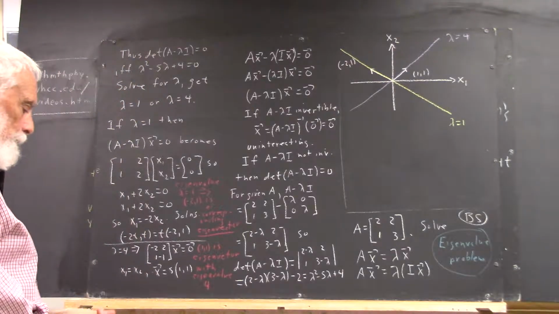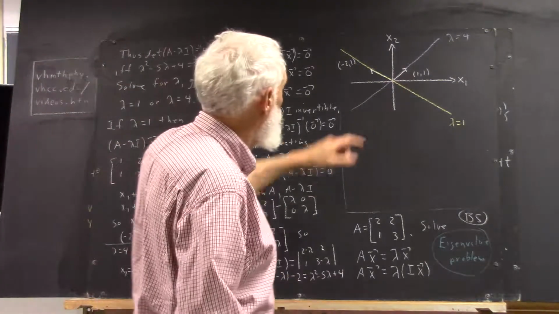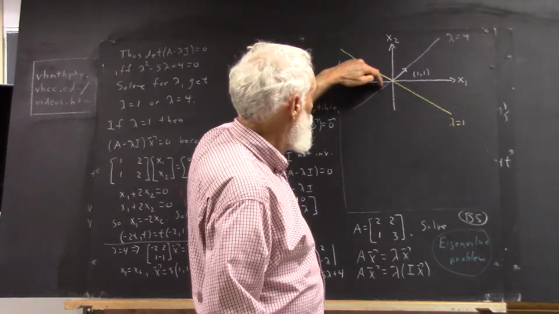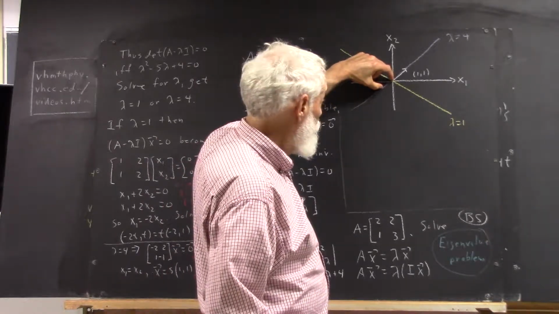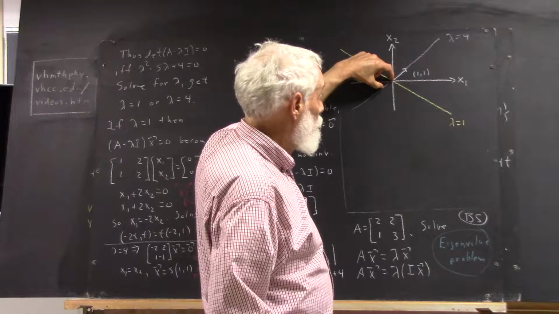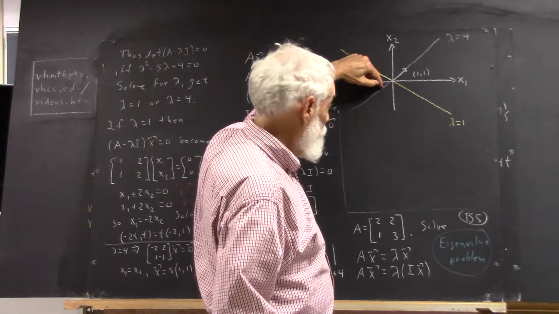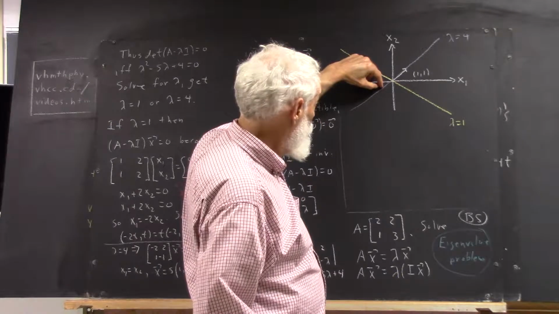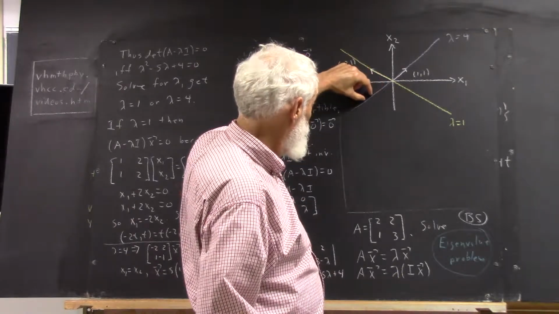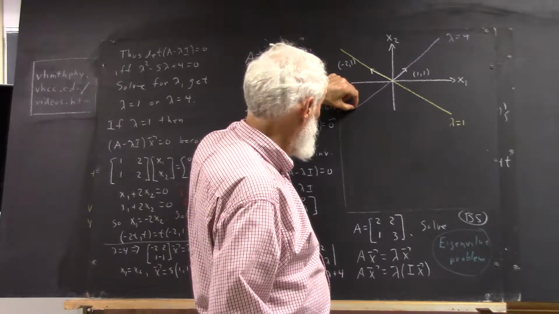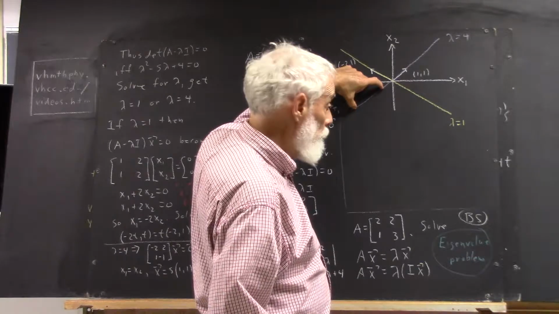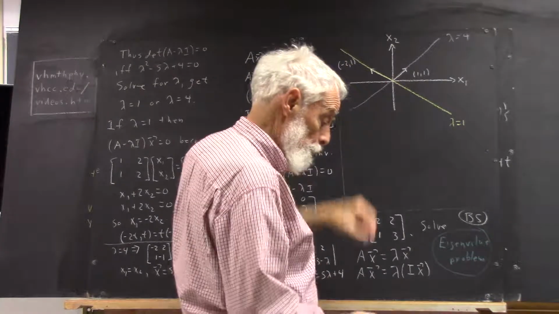So if you have a vector from here to here, it's going to go to a vector that's 4 times itself. So a vector from here to here, if you identify that with this point, will go to a vector that's here all the way down here. So in that sense, this point would map to this point.